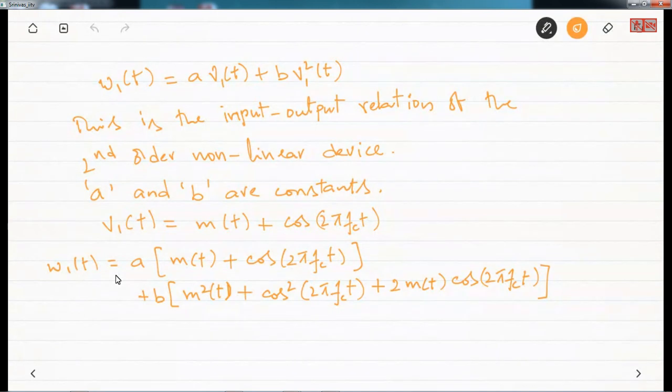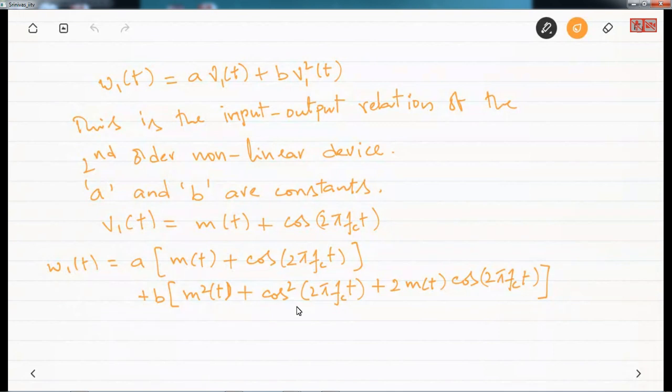We want simply m of t into cos 2 pi f ct, right? What we want at the output is m of t into cos 2 pi f ct, and there can be some constants like 2, 3 or whatever, A, B, whatever. So there can be some constant k and m of t into cos 2 pi f ct. That's what we want. But what do we have here? We have so many other terms like cos square 2 pi f ct, m square of t, m of t cos 2 pi f ct, and so on.